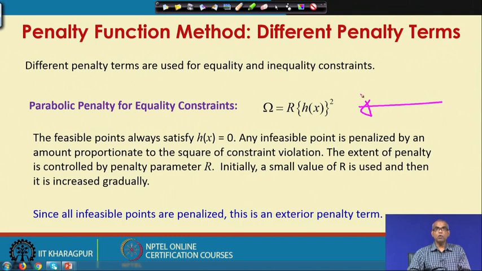By changing different values of r, you can control the extent of the penalty. Initially, a small value of the penalty parameter r is used and then it is increased gradually as iterations proceed. Since all infeasible points are penalized by parabolic penalty for equality constraints, this penalty is an exterior penalty term.